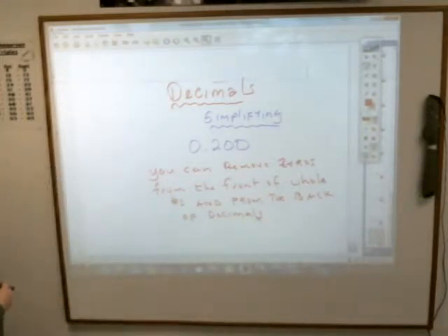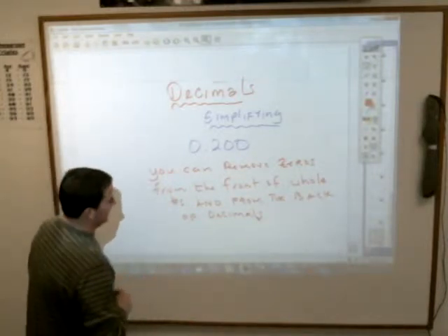You are allowed to remove zeros from the front of whole numbers and from the back of decimals.